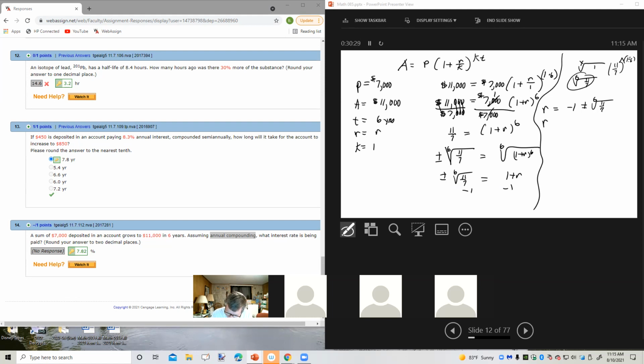Okay, so R equals -1 plus, now using this notation, I put the index in first, so 6, then I go second, the xth root of parentheses 11 divided by 7.